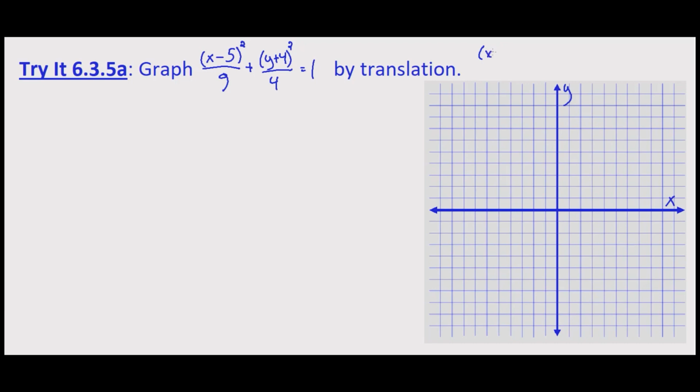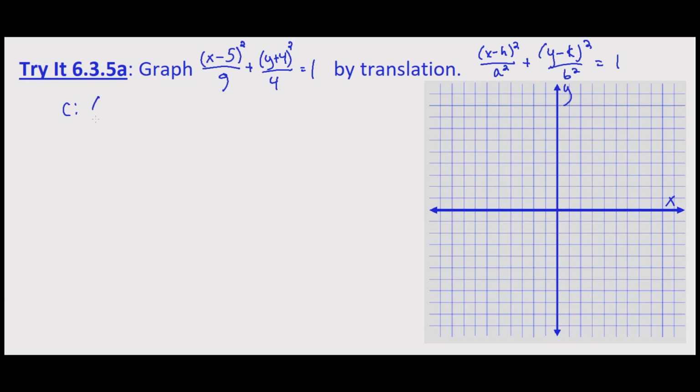So again, remember we're looking at the form (x minus h) squared over a squared plus (y minus k) squared over b squared equals 1. The a and b are going to be the same regardless of where the center is.